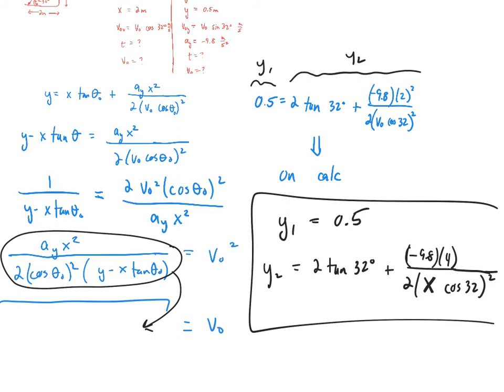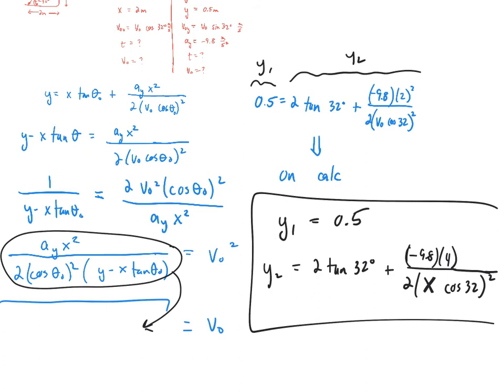The denominator is 2 times, and now I need another open parentheses, because this is going to be x cosine 32. Close the 32, close the x cosine 32, square it, close the whole denominator, close the entire fraction that you're adding on.